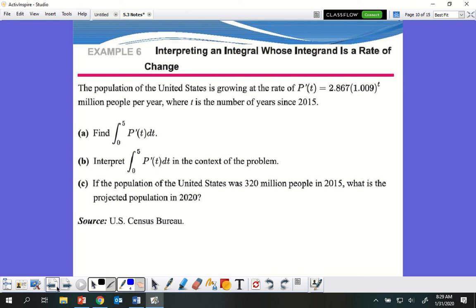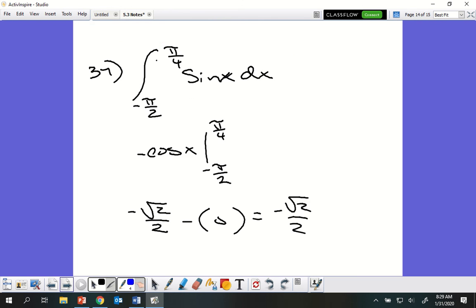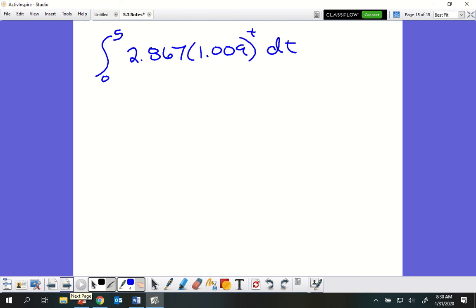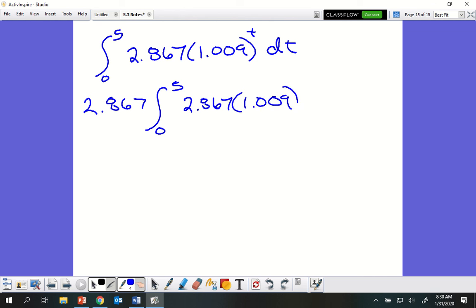So we're going to factor it out and put it in front of my integral: 2.867 outside, from 0 to 5 of 1.009 to the t dt.